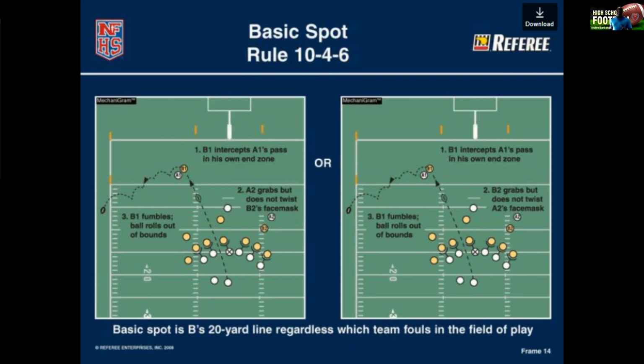Because the run was in the end zone, and then there was a foul either by A or by B, and although the ball did roll back inbound, back out of bounds, that's not the spot. The basic spot will be the 20-yard line still. So if you don't know that rule, we will be more reluctant to enforce it from the 3-yard line versus enforcing it from the 20.